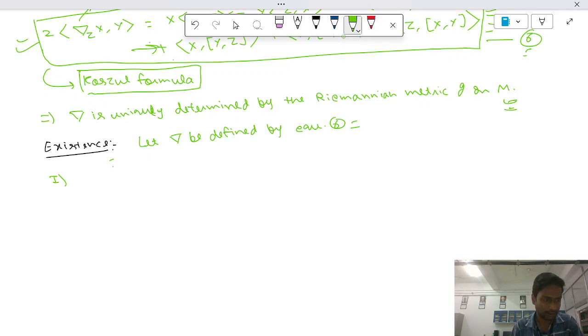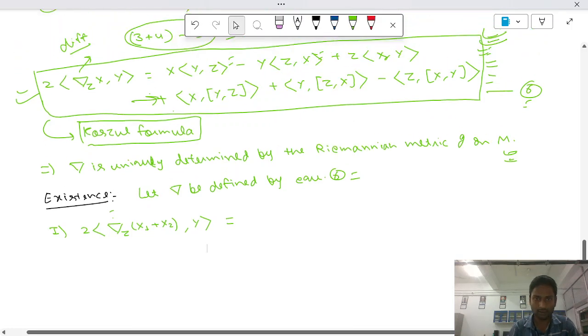Let me do one. The first one: nabla_z is linear in the upper slot. So if you take x1 plus x2 comma y, it is linear, and you can actually break it down. How will you do this?